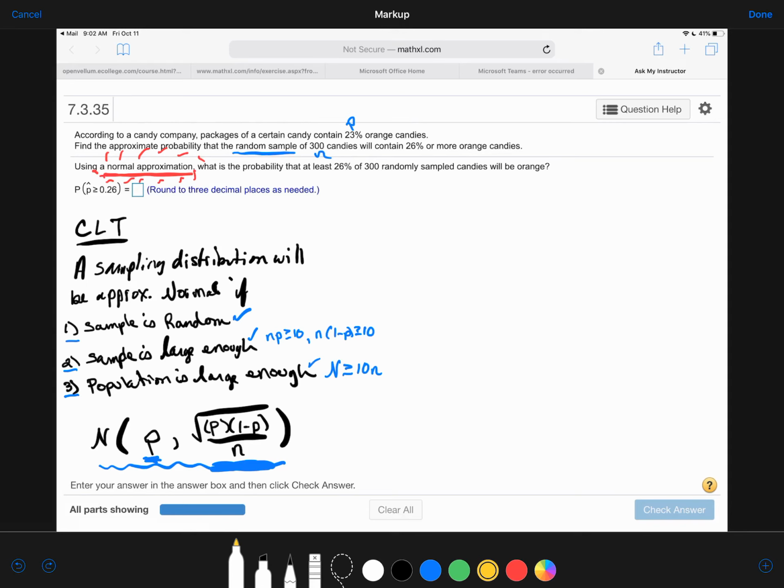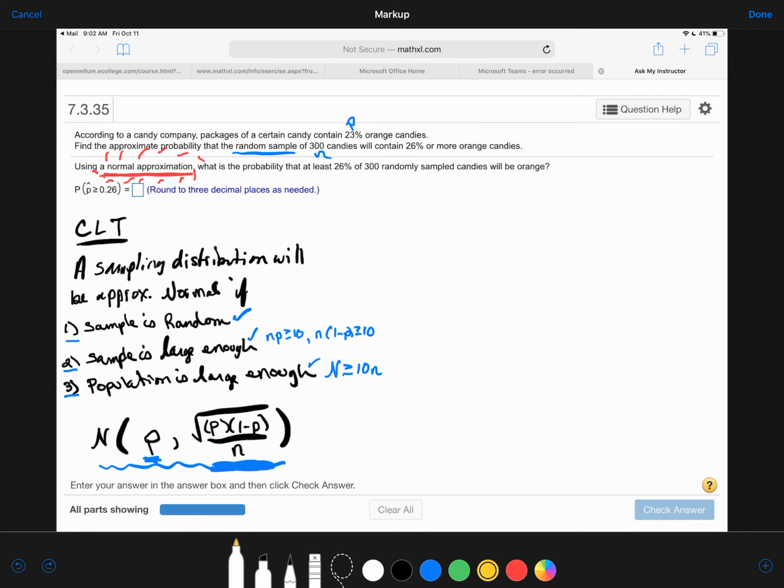But if we take a sample from these populations, whatever they may be, and if the sample hits these three conditions in the CLT, then we know that at least the sampling distribution, not the whole population itself, should be approximately normal enough for us to use the normal calculator and trust the results we get from it.